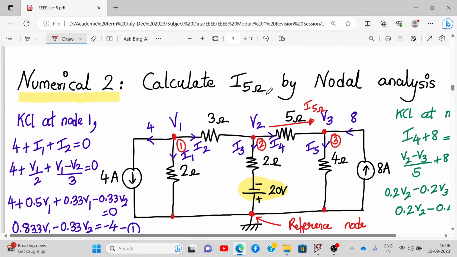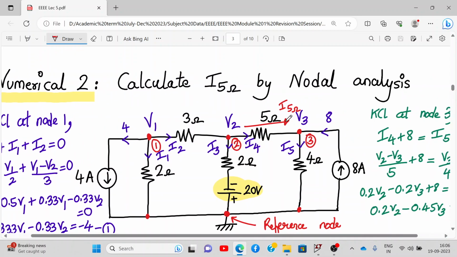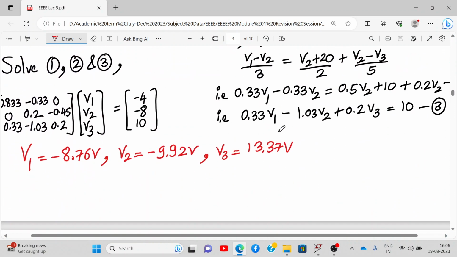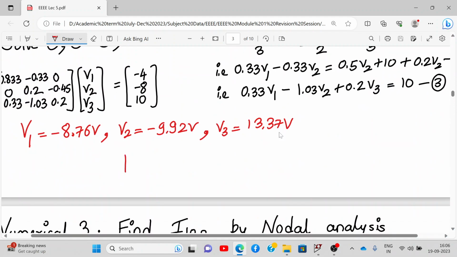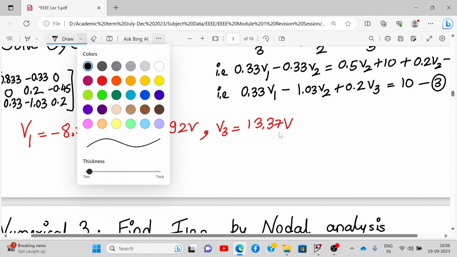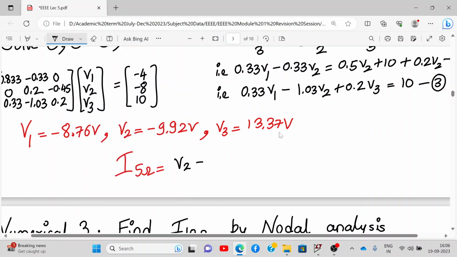We need to find the current through the 5 ohm resistance. The current through the 5 ohm resistance will be V2 minus V3 upon 5.